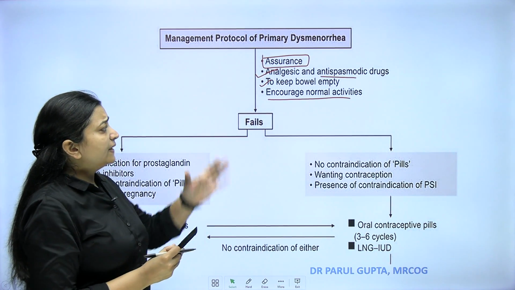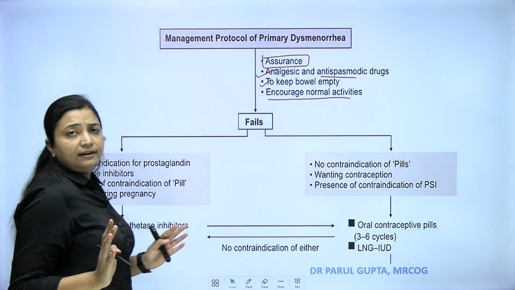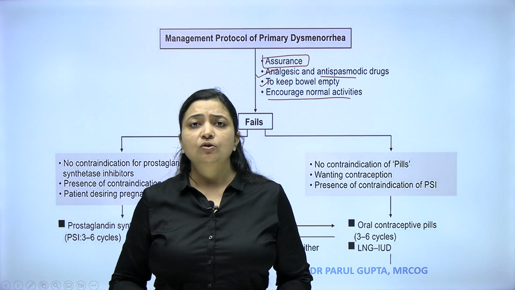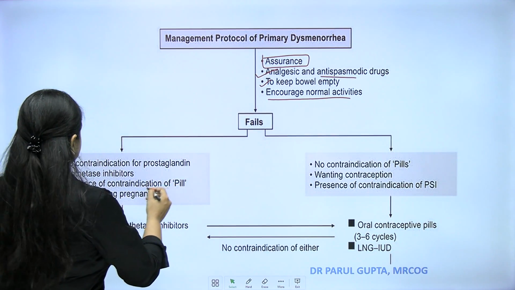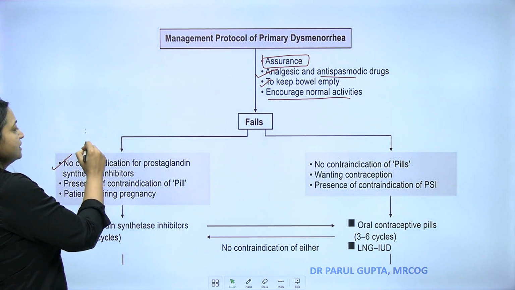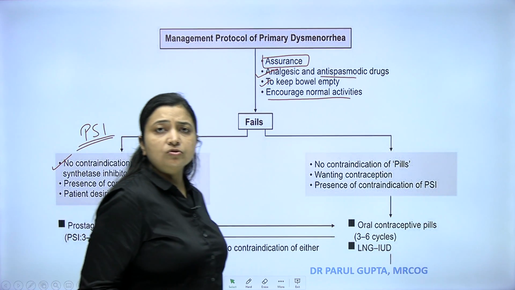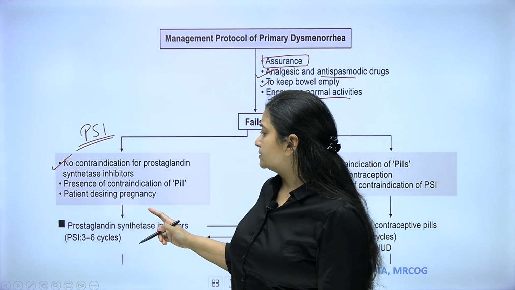But if the basic things fail, then what to do? There are two categories of such patients. One is an unmarried adolescent girl who wants to study, who wants to play. So your primary choice will be prostaglandin synthetase inhibitors. These girls, we generally don't put on hormones of any kind, and we start with prostaglandin synthetase inhibitors.